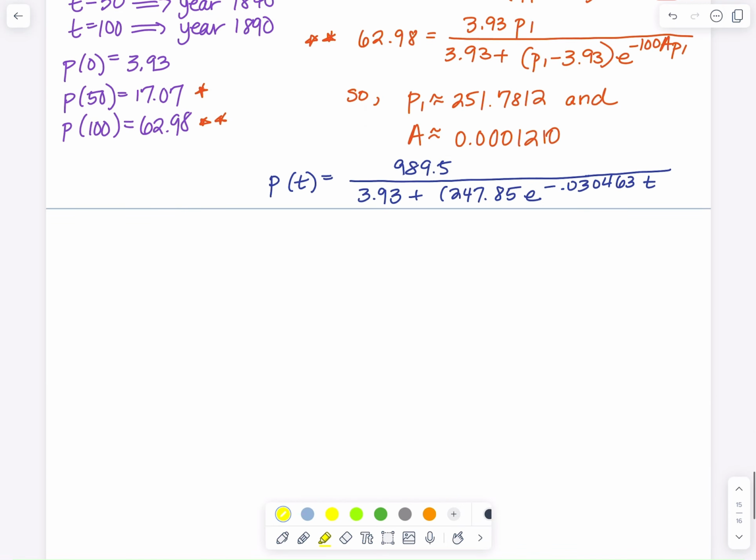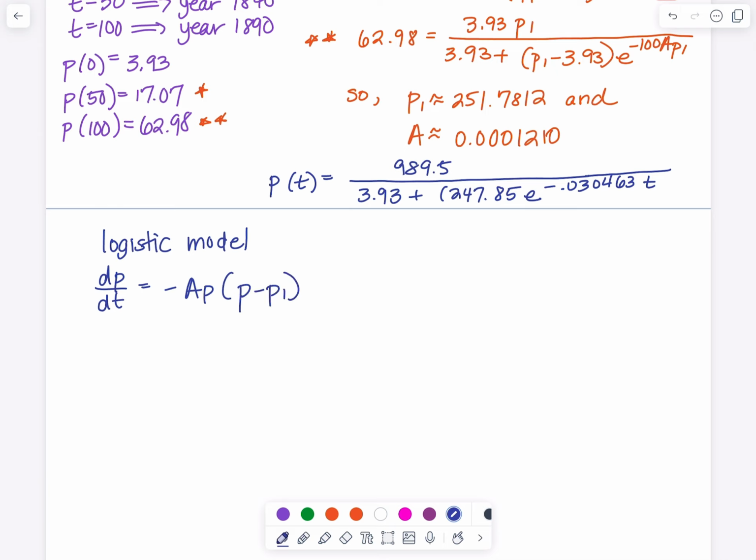So if we write that down, we have dP/dt is equal to the opposite of A P multiplied by P minus P1, and now dividing both sides by P, we have this linear relationship between the left-hand side and P.